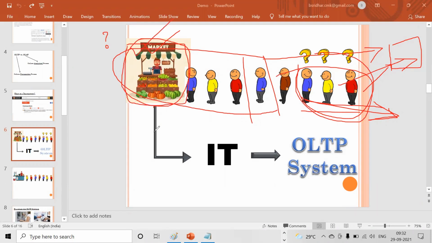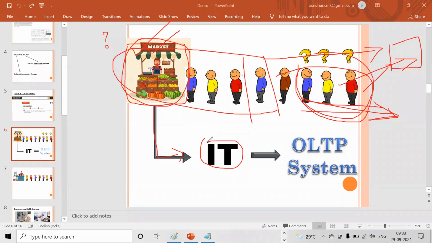And they went to IT saying, see, this is the kind of business we do, and so far we are handling everything manually. But recently I found that the number of customers visiting our business has increased, and the existing manual process is becoming very tough for serving more customers.